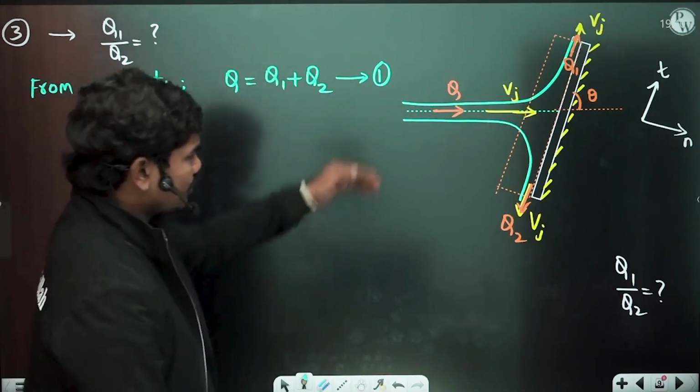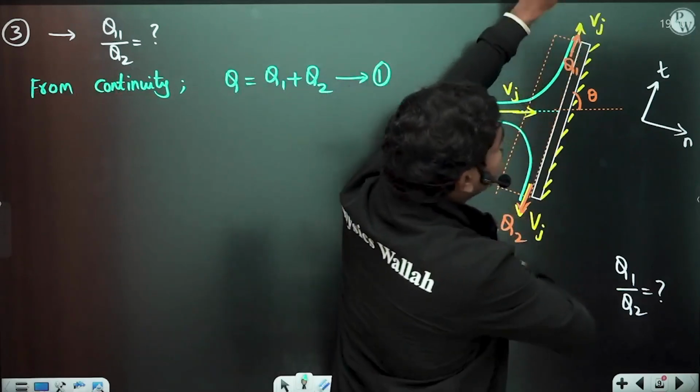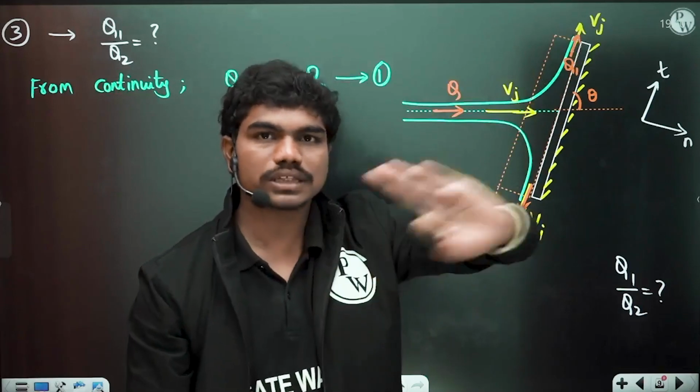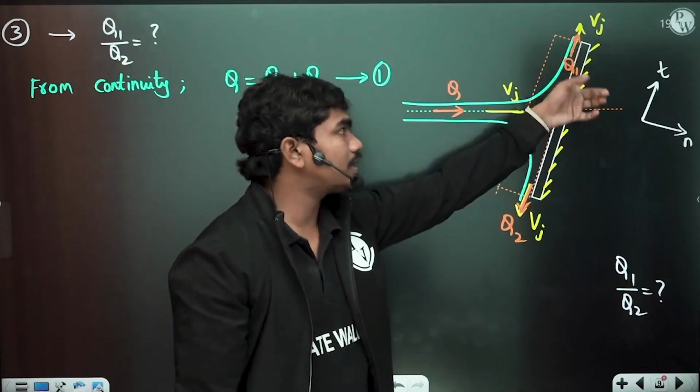Now try to understand this. If I ask you one thing, look, this fluid is coming like this and it's smoothly gliding. Okay, so this fluid is just smoothly sliding on the plate. Whenever the fluid is smoothly sliding on the plate, we have seen already what is the component of velocity in the tangential direction.